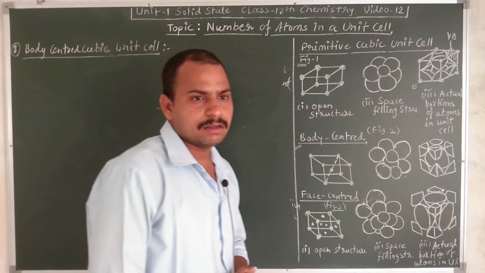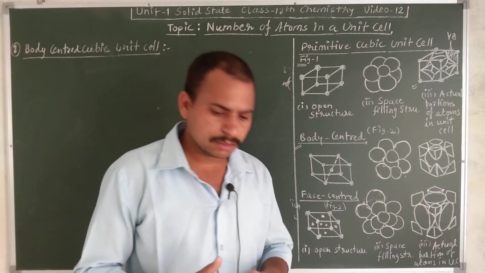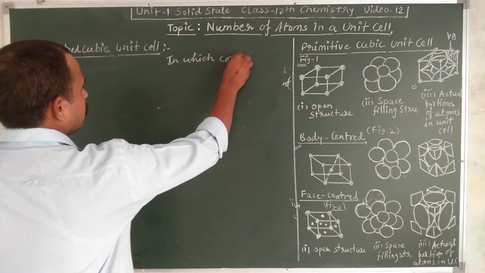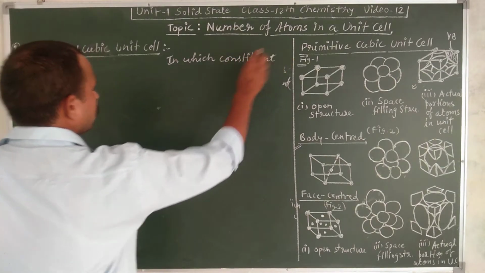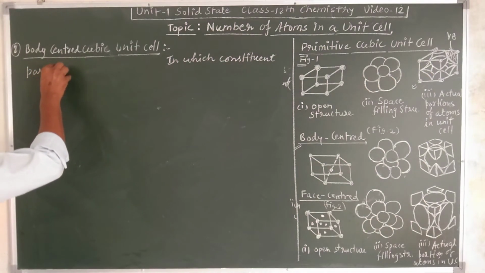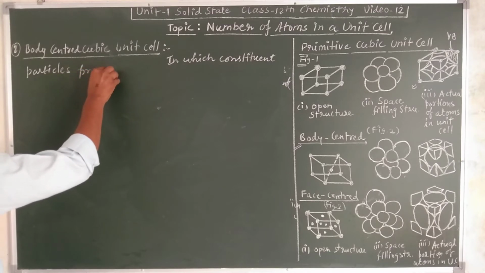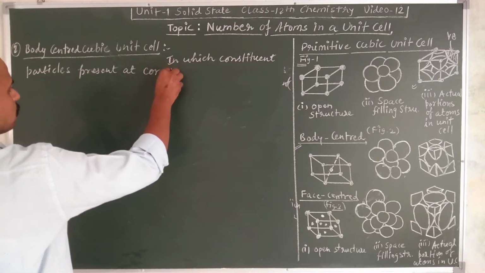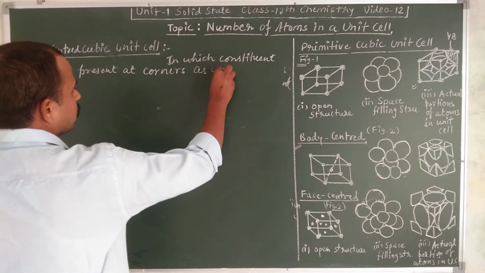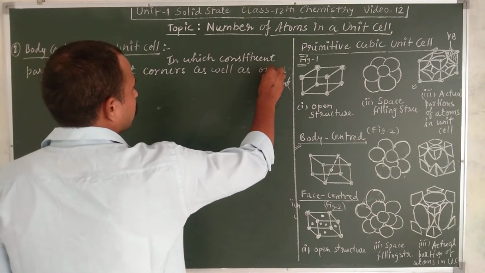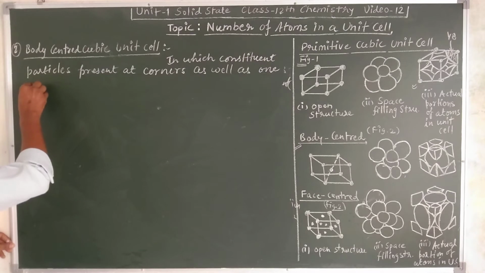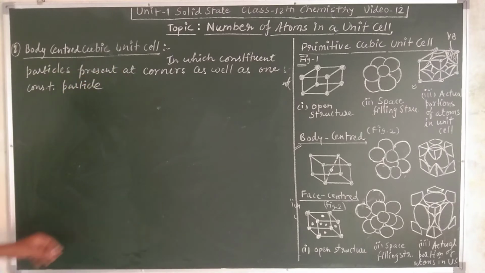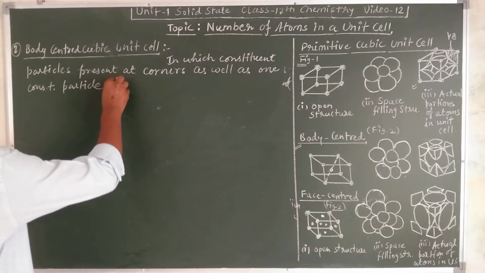So a body centered unit cell means that type of unit cell in which constituent particles are present at corners as well as one constituent particle present inside the body.